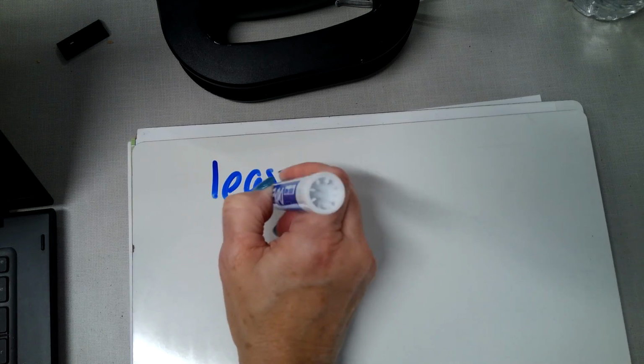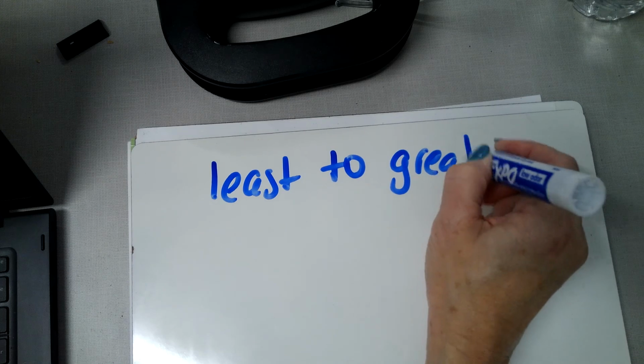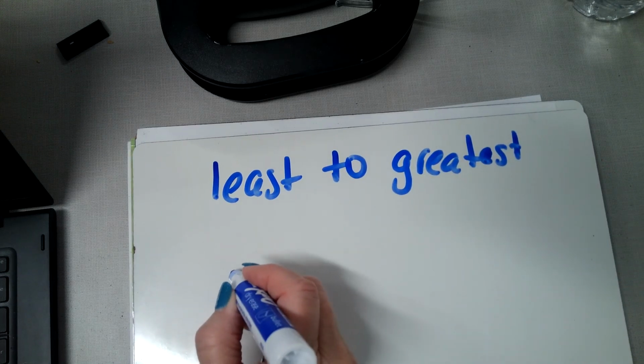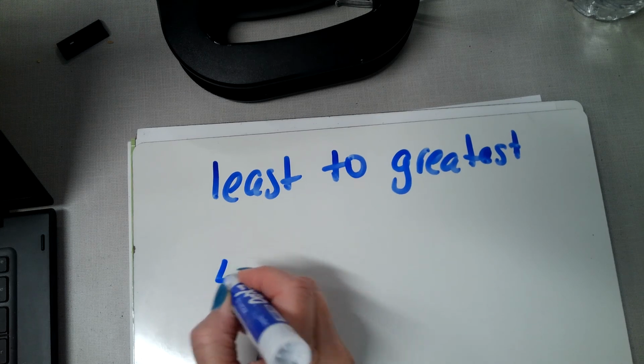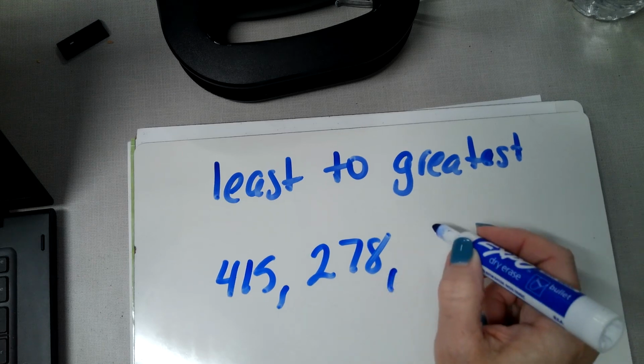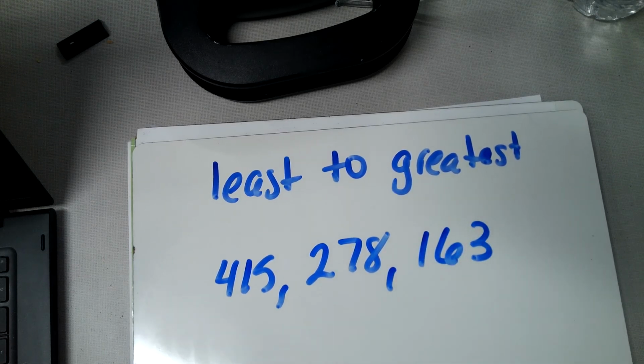Let's look at something else when you're comparing numbers. Sometimes you want to put them in order from least to greatest. Least means the smallest, and then greatest, of course, means the biggest, right? So I'm going to put some numbers down here. Let's say 415, 278, and 163. If I wanted to put these numbers in order from the least number to the greatest, I'm going to do the same thing to compare those numbers.